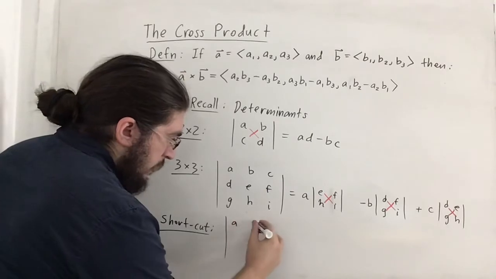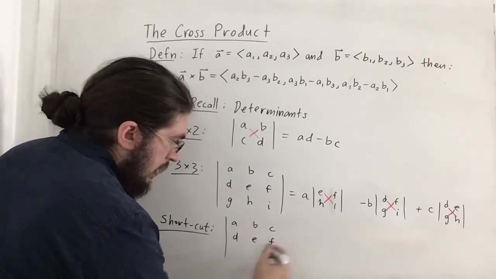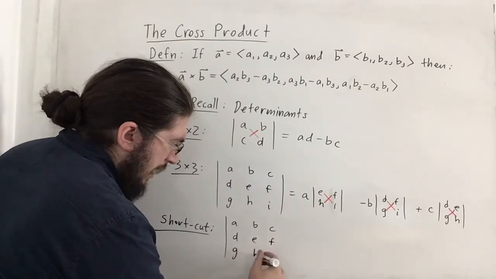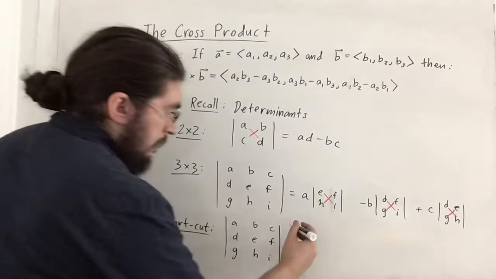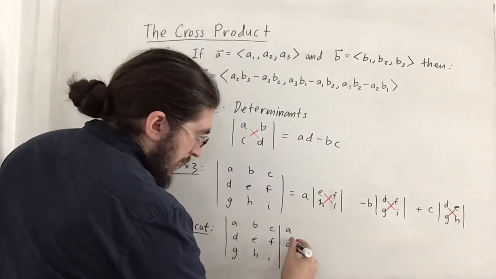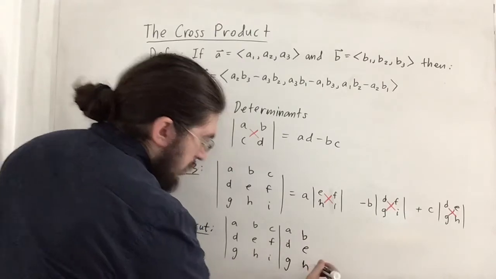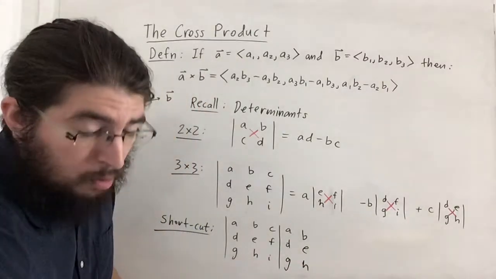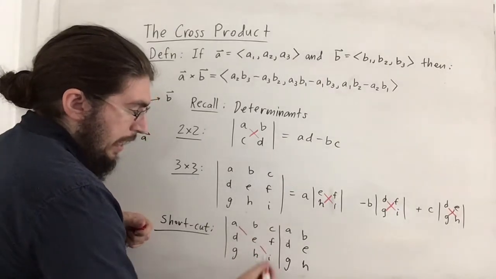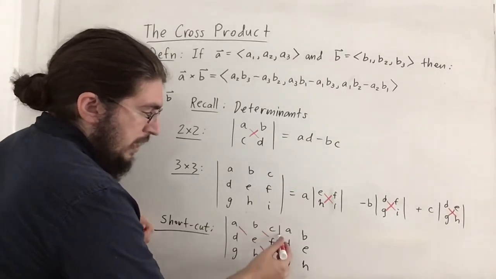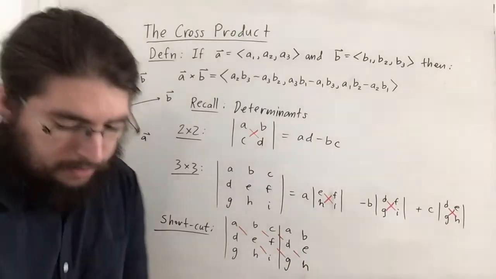It's writing the 3x3 matrix A, B, C, D, E, F, G, H, I, and repeating the first two columns, A, D, G, B, E, H, and then multiplying like this. A times E times I, B times F times G, C times D times H, minus the other way around.